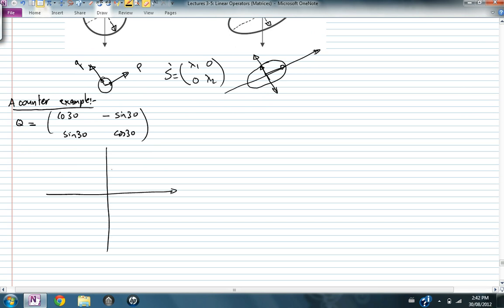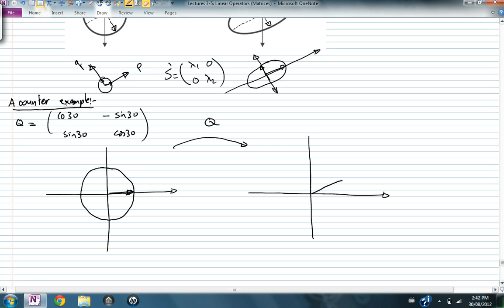So this is the original set of vectors, all the vectors in any direction. After I apply Q, this vector rotates 30 degrees. This blue vector rotates 30 degrees.